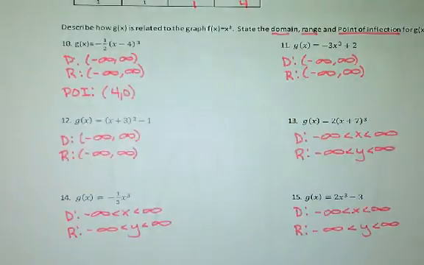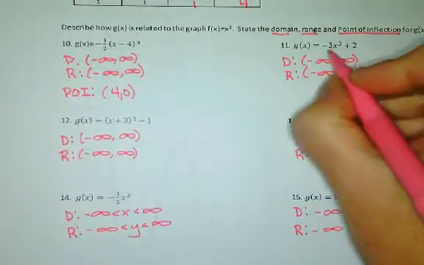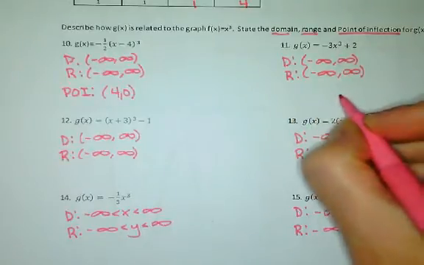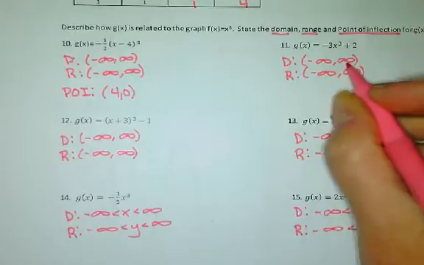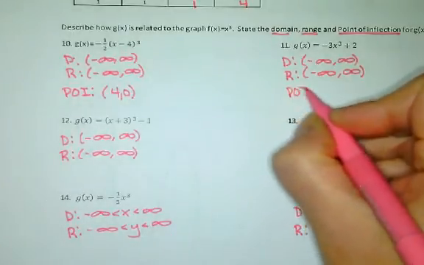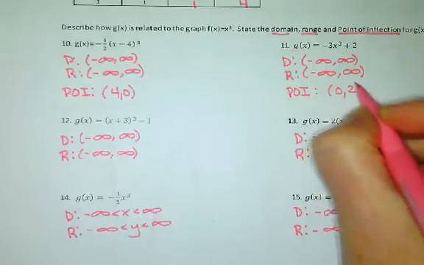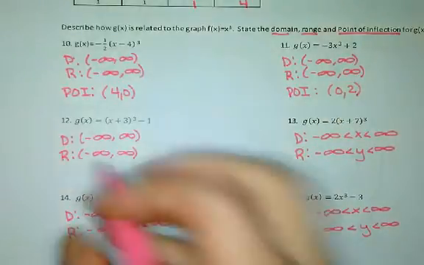4, 0. This one here, again, this one just flipped and it was a stretch. So on this one here, the point of inflection moved from that 0, 0 just up 2. So here I know my point of inflection is just going to be now at 0, 2.